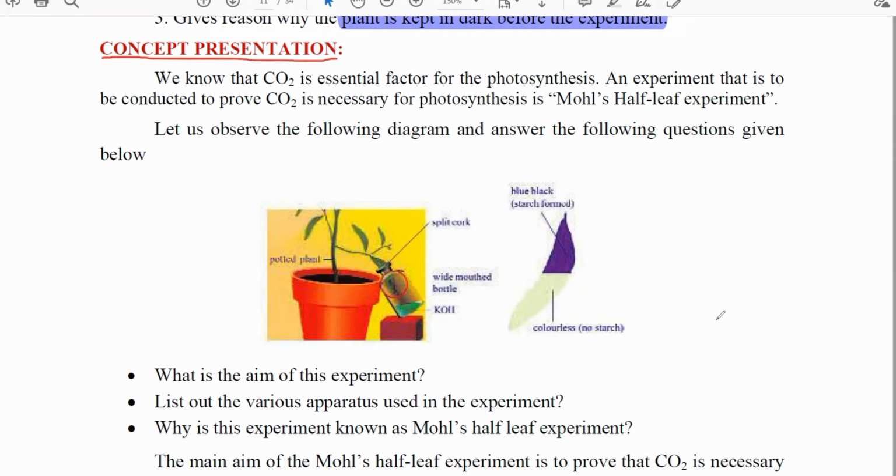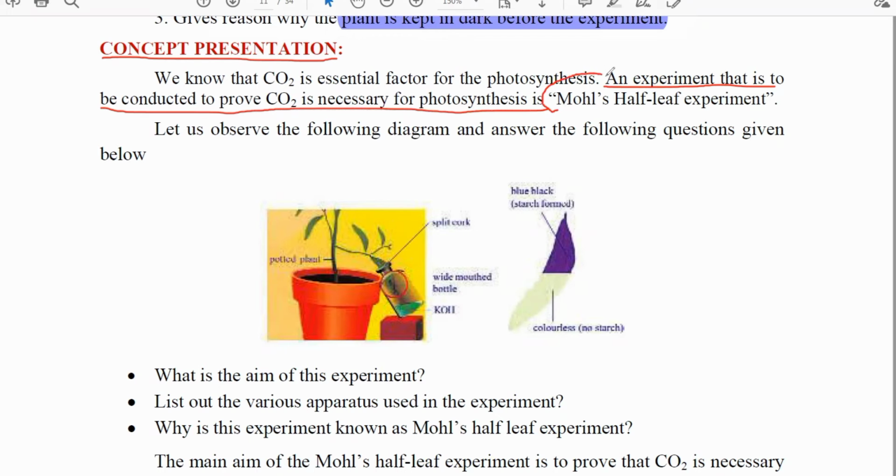We know that CO2 is an essential factor for photosynthesis. The experiment that is conducted to prove CO2 is necessary for photosynthesis is Moll's half leaf experiment.